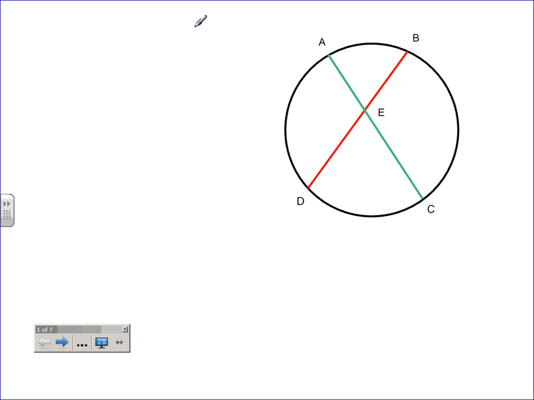For example, if I told you this was 4 and that was 4, and then I told you this was 2 and that was x, x is something you should be able to figure out. You see that the red segment there has been cut partially. Maybe in half, maybe not. Obviously, in this case, was it cut in half if it's 4 and 4? Yeah. And if you take little piece times little piece, for the red it'd be 4 times 4.